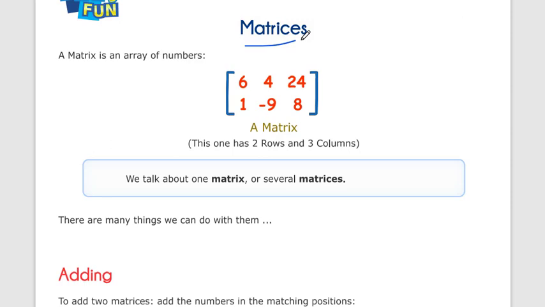Matrix you already studied in the previous semester also. This semester also we have started with the revision of matrix, so I will make this quick revision and then we will start with Gaussian elimination and Jordan and then inverse of matrix.